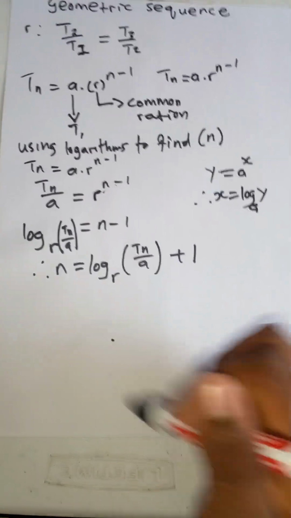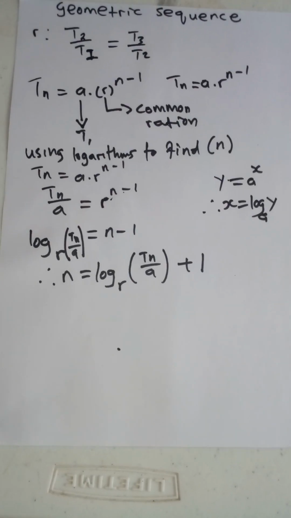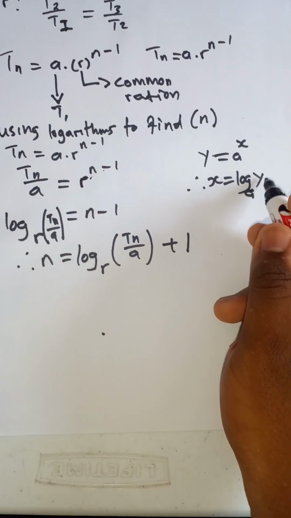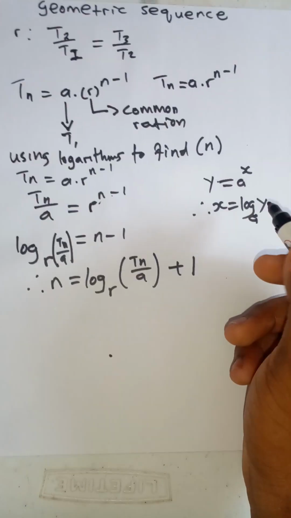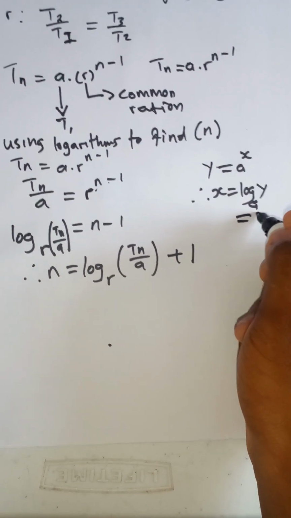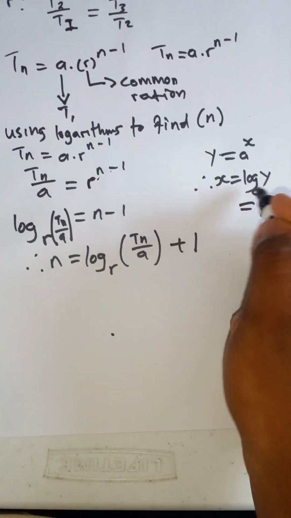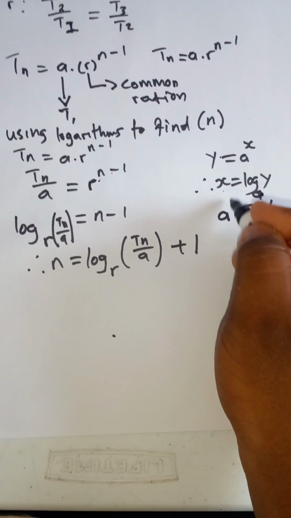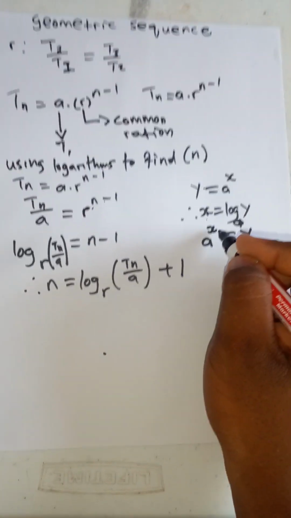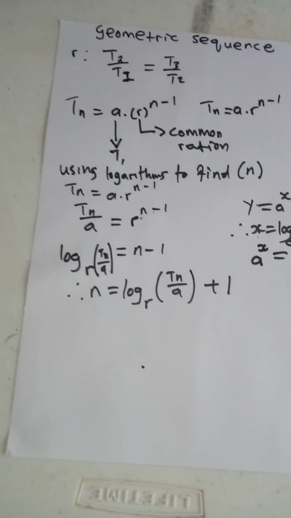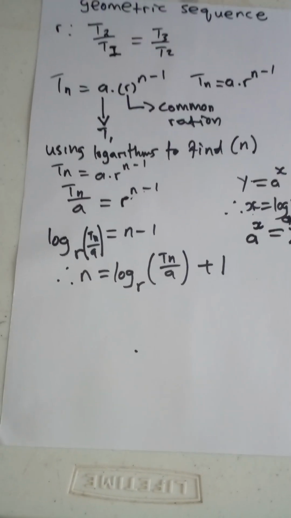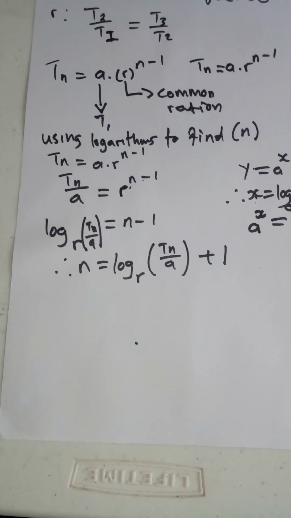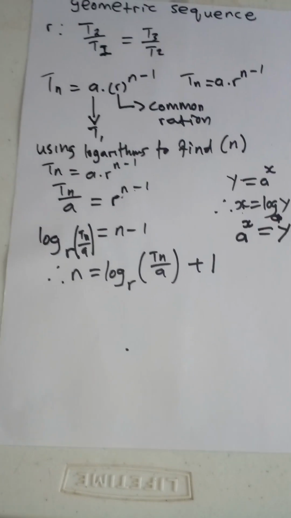Sometimes they call it push, whereby we leave y on this side, and this a comes to the other side and acts as the base, because it was already the base here, and raises x to be the power. Can you see where it is coming from? Always check the Tn or the general term by substituting any of the terms of the given sequence.